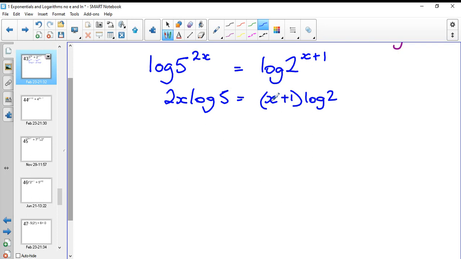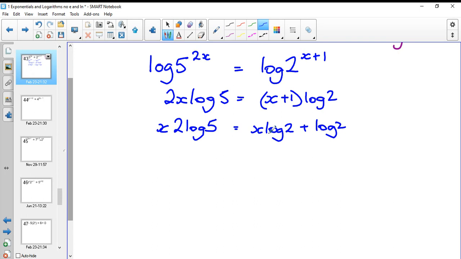What we can do is expand some of this out. So we've got 2 times x times log 5. Now that's a number and that's a number. So actually, we've got 2 log 5 lots of x there. And then because this is just a number, we've got a number lots of the bracket. So we can expand the bracket and say we've got log 2 lots of x there plus log 2.